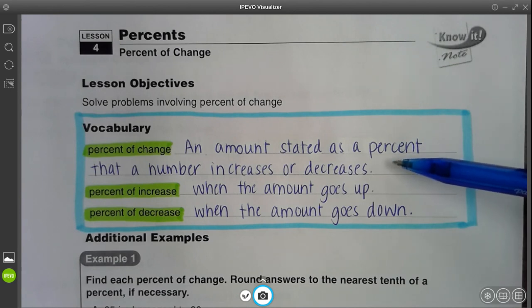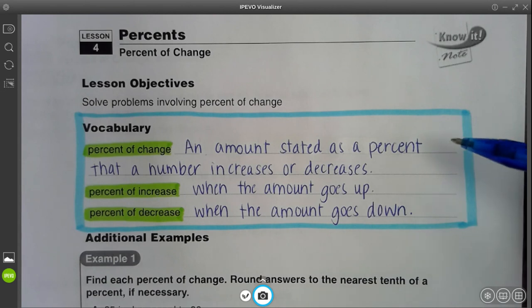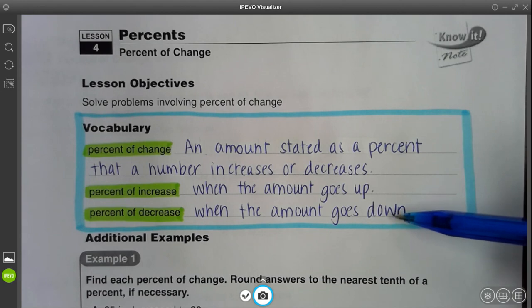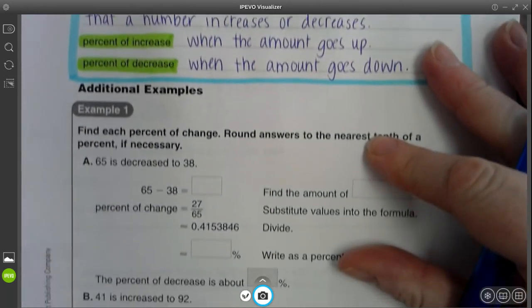We could say, since they sold an extra half the amount, that they increased by 50%. Their sales increased by 50%. Okay? So that's what we're looking at when we're talking about percent of change. And percent of increase happens when the amount goes up, and decrease happens when the amount goes down.